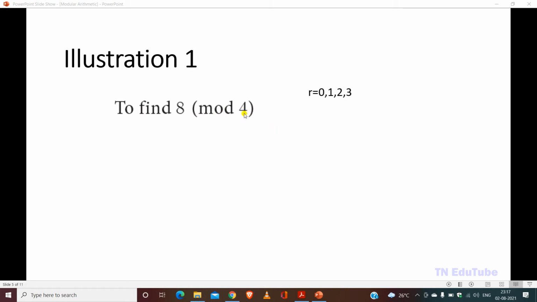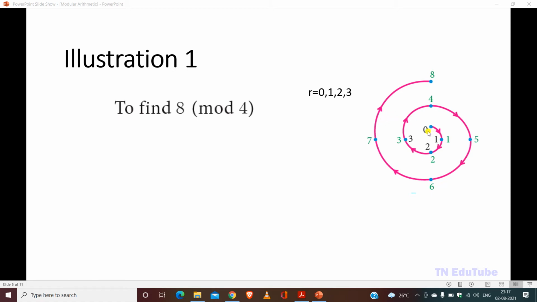When the divisor is 4, the possible remainders are 0, 1, 2, 3. Write these 0, 1, 2, 3 in clockwise direction and count 8. The value of 8 we want to find, isn't it?